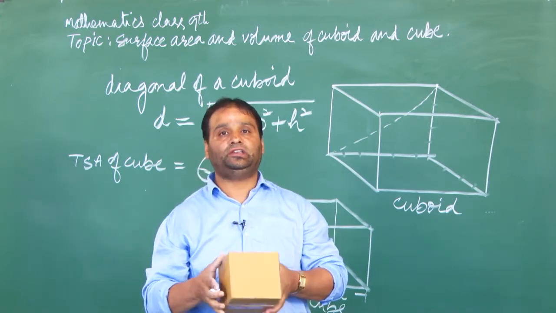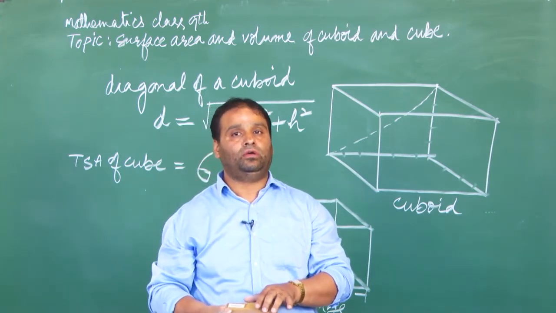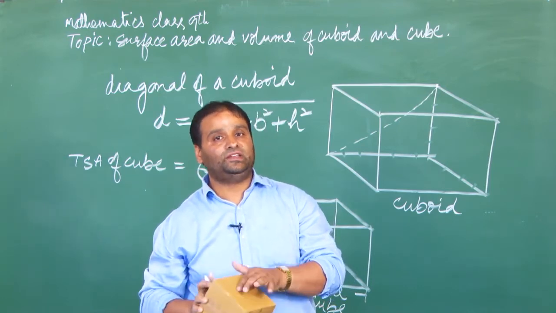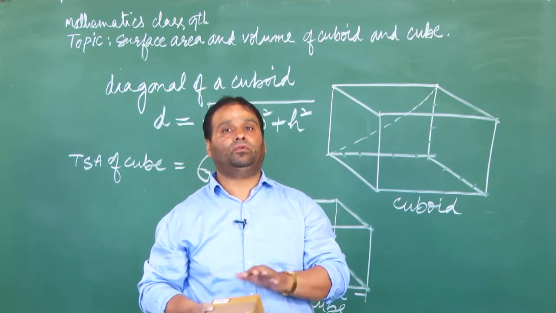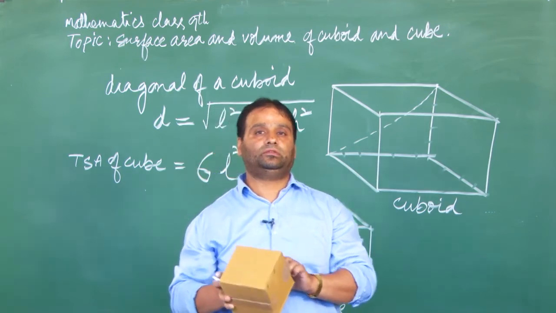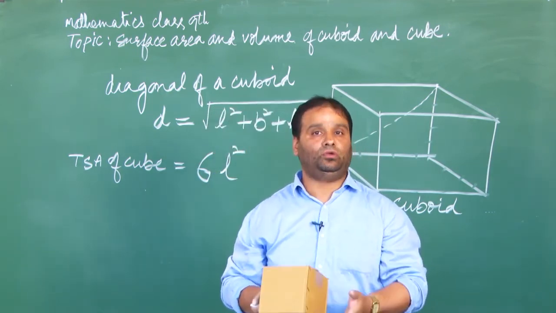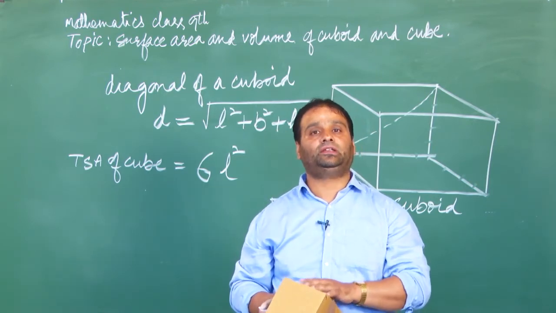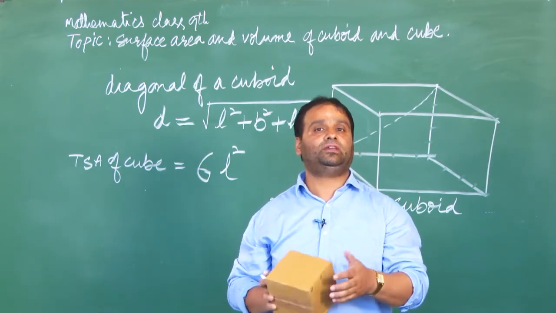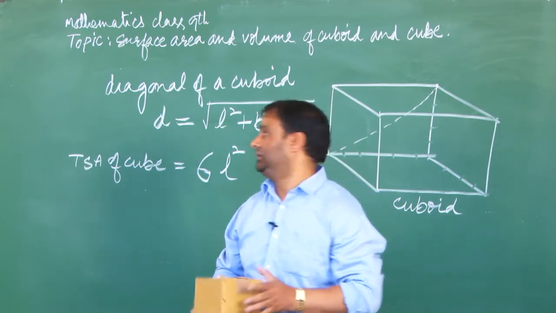It can be solid, it can be hollow, but the surface area remains the same. Even the volume remains the same. Even if a cube or cuboid is hollow, the air contained in it is its volume. So it does not affect the volume or the surface area of the cube or cuboid.